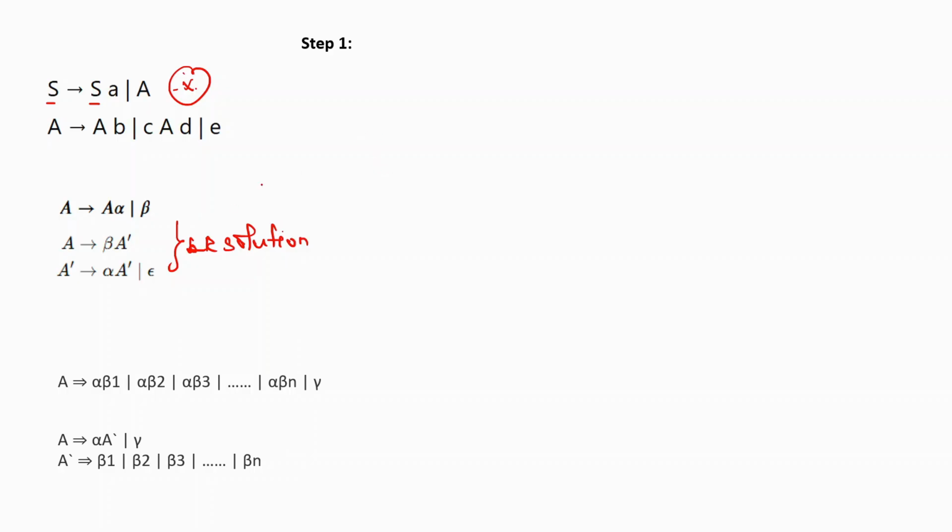So we have S tends to S A A. Here this represents A, this represents alpha, and this is nothing but beta. You convert based on this. So we are getting S tends to A S dash, then S dash tends to A S dash or empty.